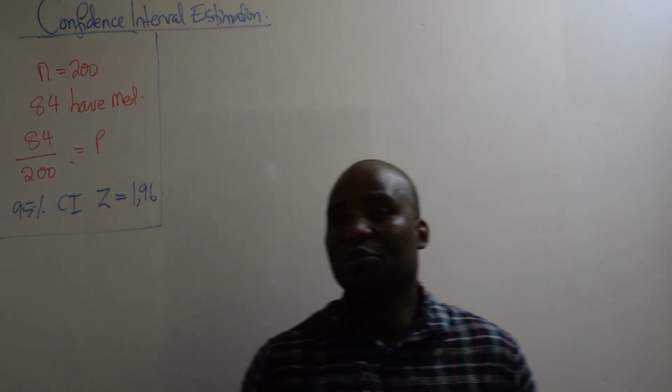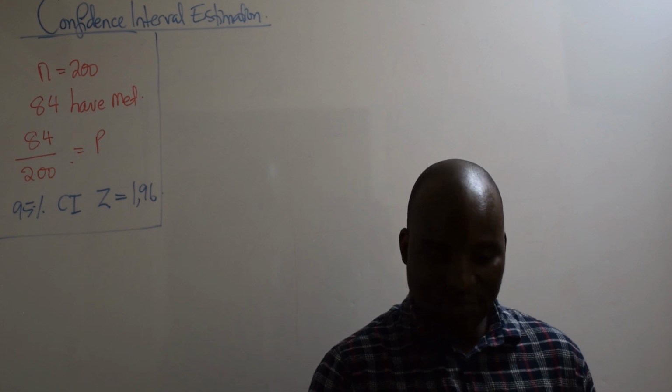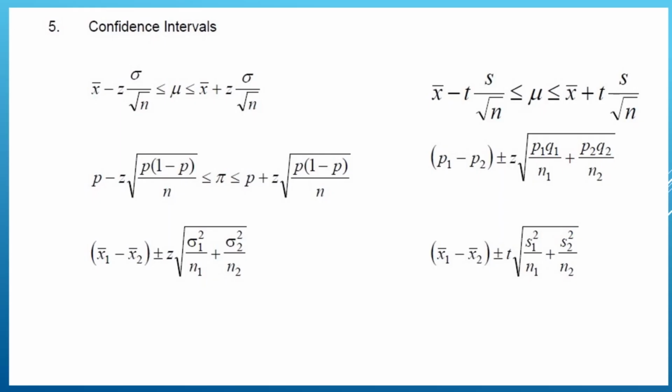So we've got the information that we need to be able to calculate. What you would need to do is to scroll down to your formula and check what your formula says. That will be under section 5. Under confidence intervals you're going to see that there are several formulas. There's one with X bar, there's one with the T. We want to use the one with the proportion, and this is one population.